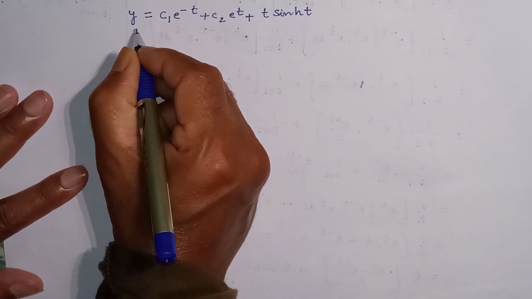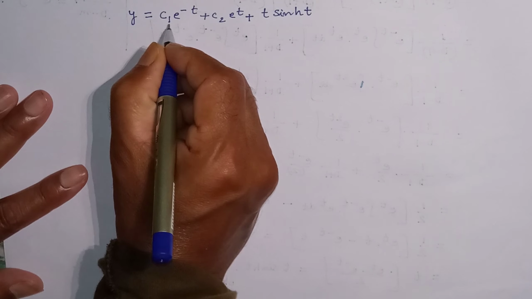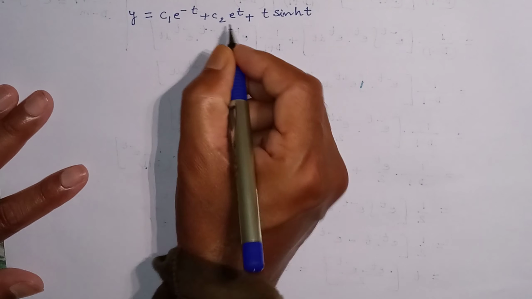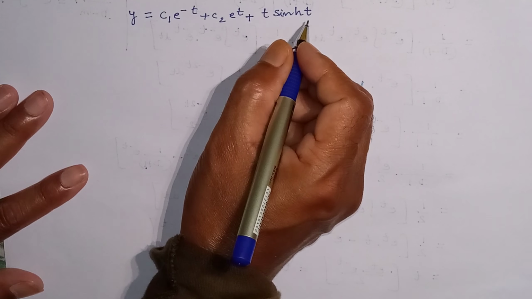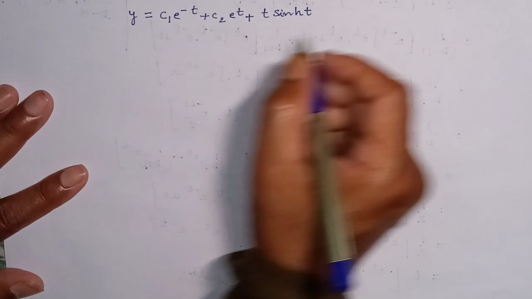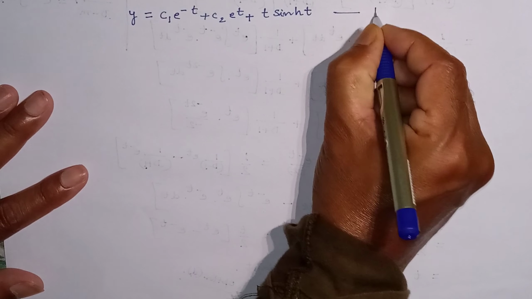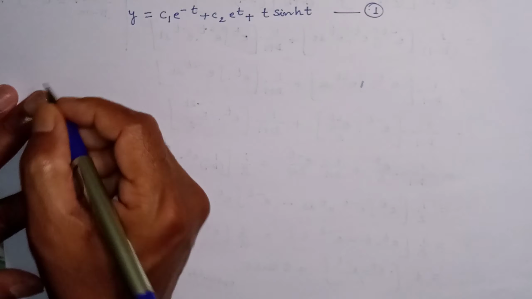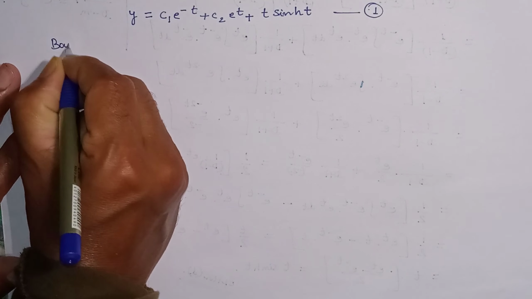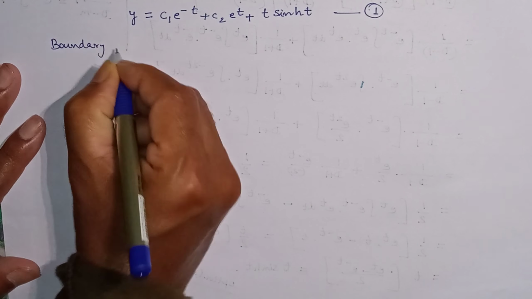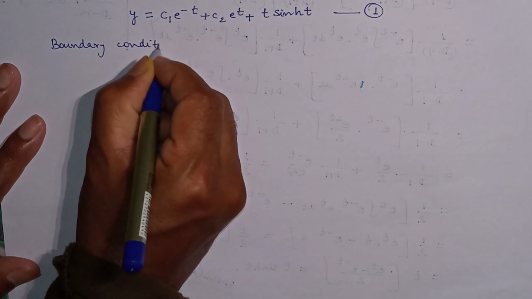So the complete solution may be written as y equals c1 e raised to minus t plus c2 e raised to t plus t sinh t. Suppose this is equation 1. Now we have to apply the boundary conditions. What are the boundary conditions?